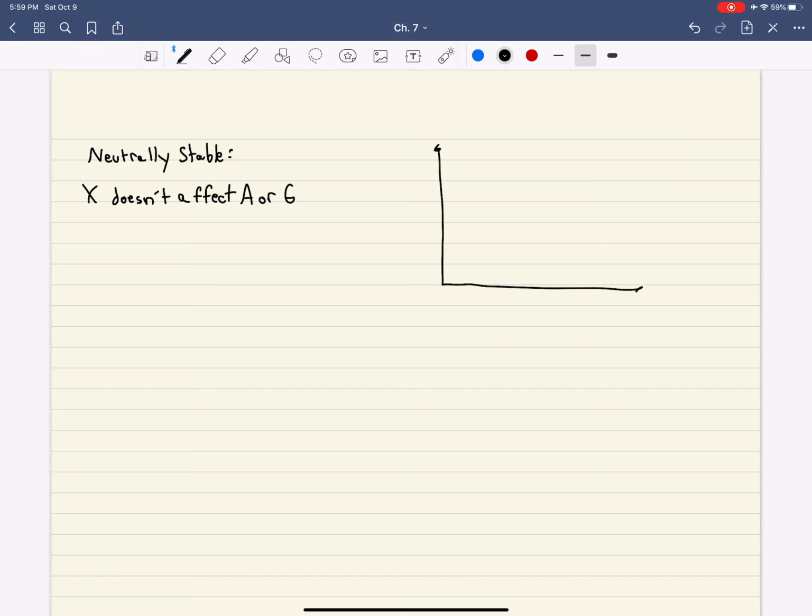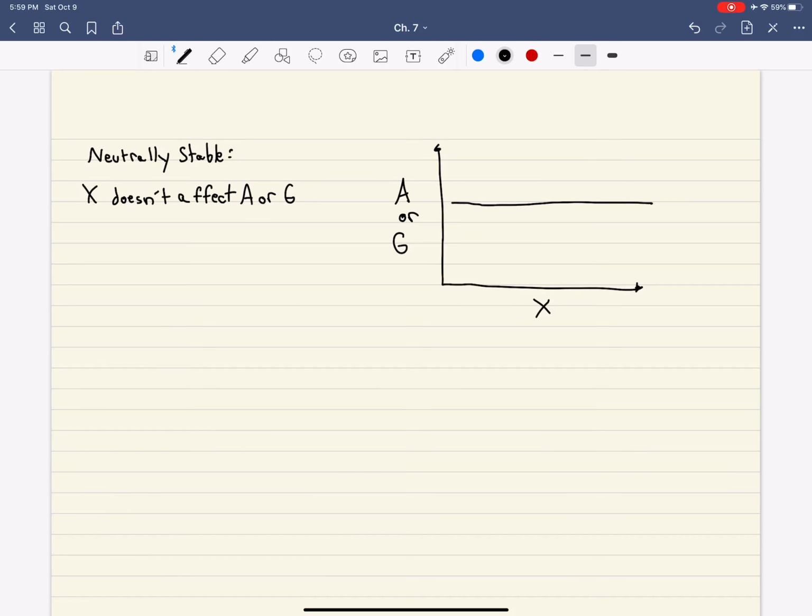And so here, what you would see in your energy diagram is that if you change x in any direction, A or G would just be the same. And so an example of this would be a truly incompressible solid. If you change the pressure of your system, because that solid is incompressible, you're not going to affect its free energy at all, right? And so that would be a case where a system is neutrally stable towards pressure.